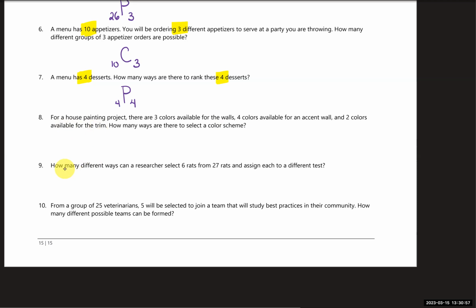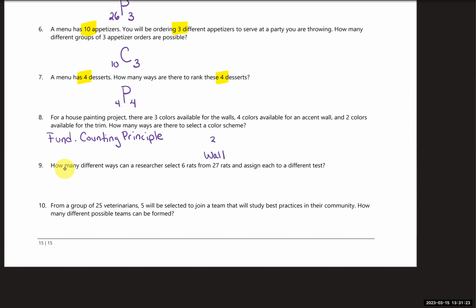So this returns us to the fundamental counting principle that we started this section with. The fundamental counting principle talked about keeping track of the choices we need to make as we go through picking our colors in this case. So we keep track of the number of possibilities for each decision.